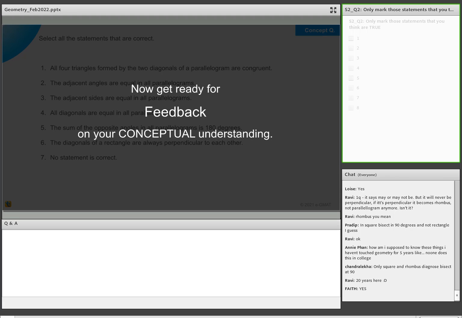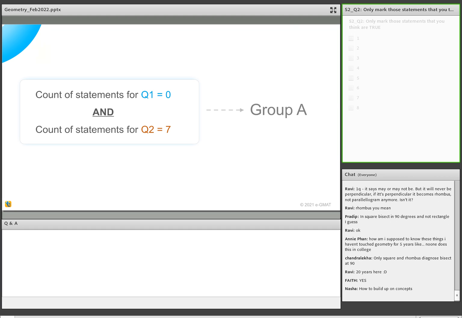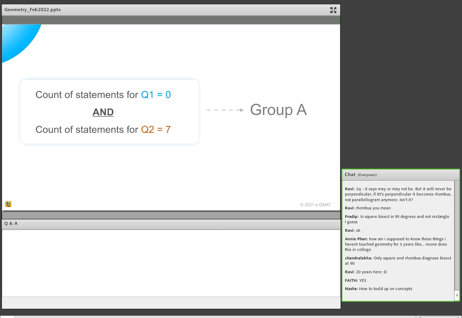Okay. Now let's do a little bit of quick grouping. Those of you who got everything right, you understood that in the first set of statements, statement 1 to statement 7, all of them were not true. Or in other words, 0 out of 7 statements were true.